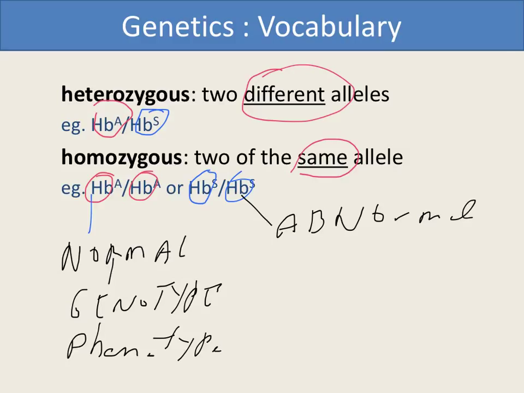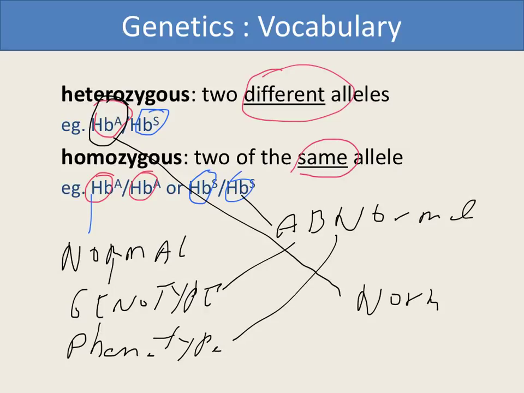Now, however, HbA, this one right here, is dominant. So when the heterozygous form shows up, it has basically the normal phenotype.